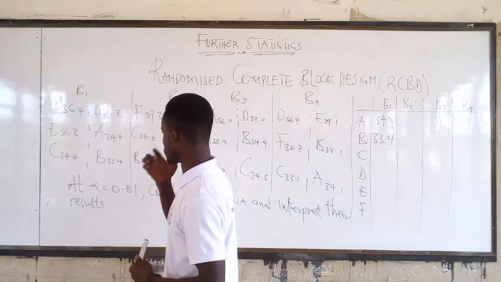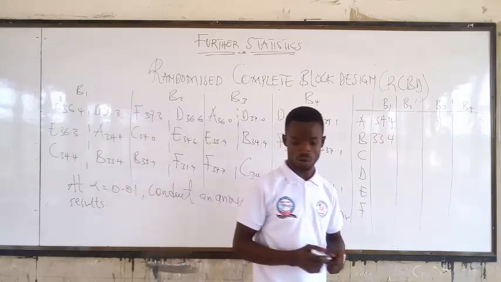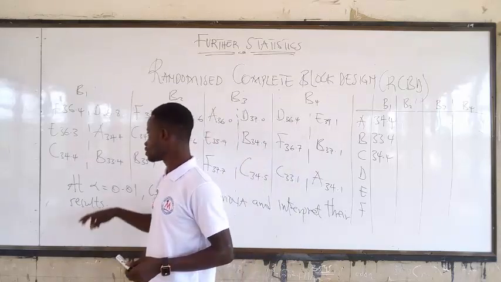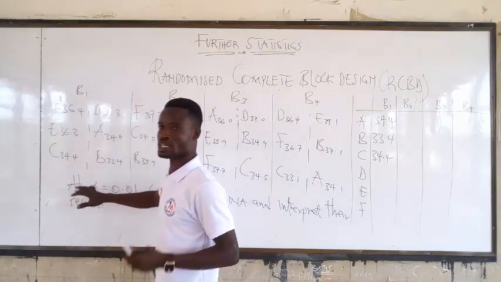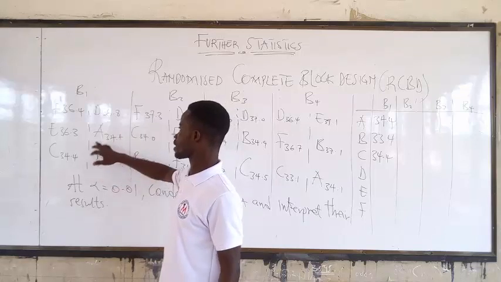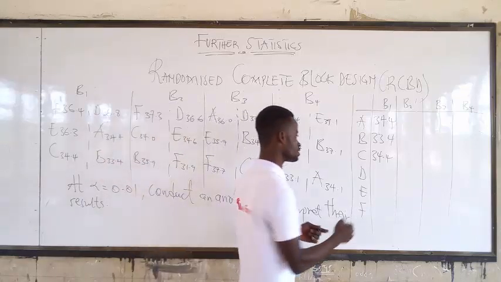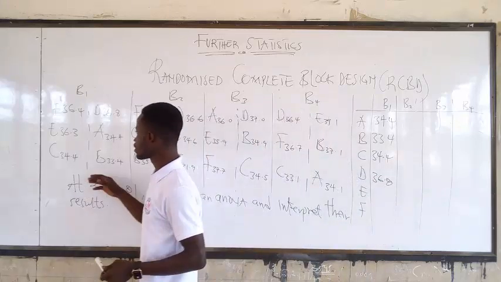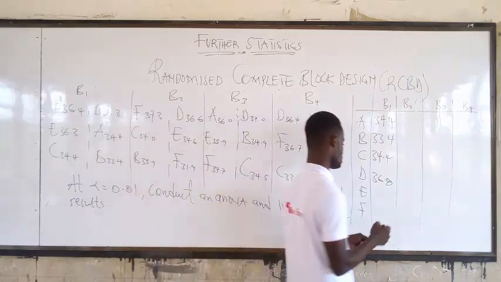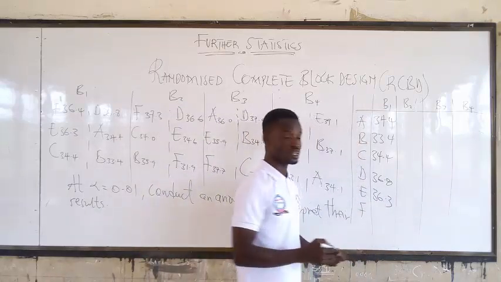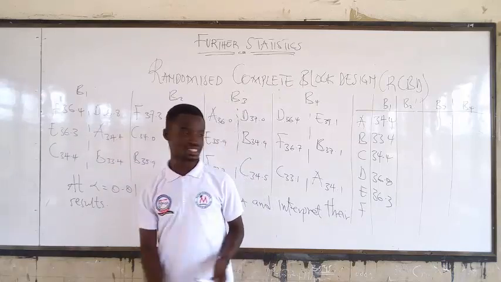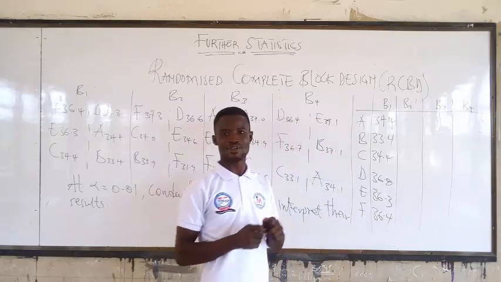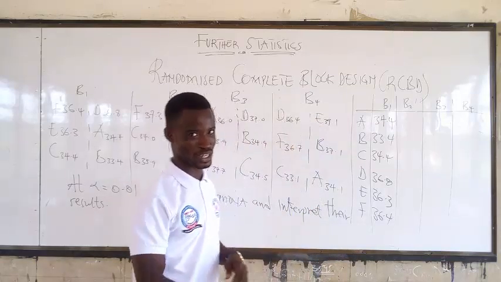The C is 34.4. And we have the D to be 36.8. Then the E is 36.3. We have the F to be 36.4. So that's how we are going to arrange it. Lovely. I hope you can see it.